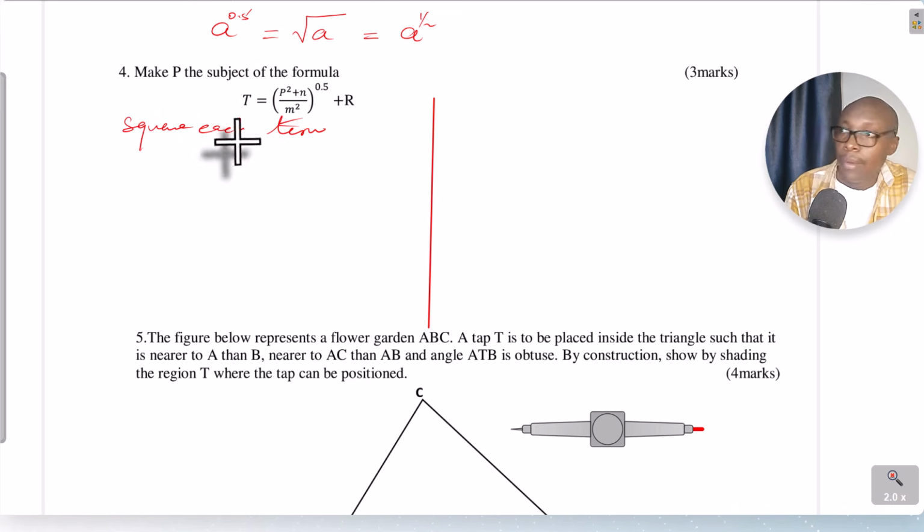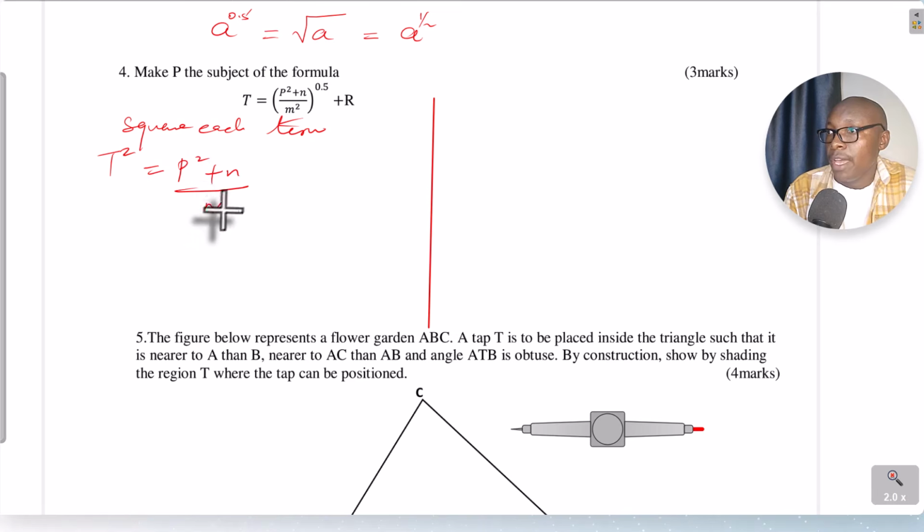We square t, you get t squared. When we square everything here that is raised to power 0.5, we will remain with p squared plus n divided by m squared. When you square that, the square root sign disappears, and then square r, you get r squared.